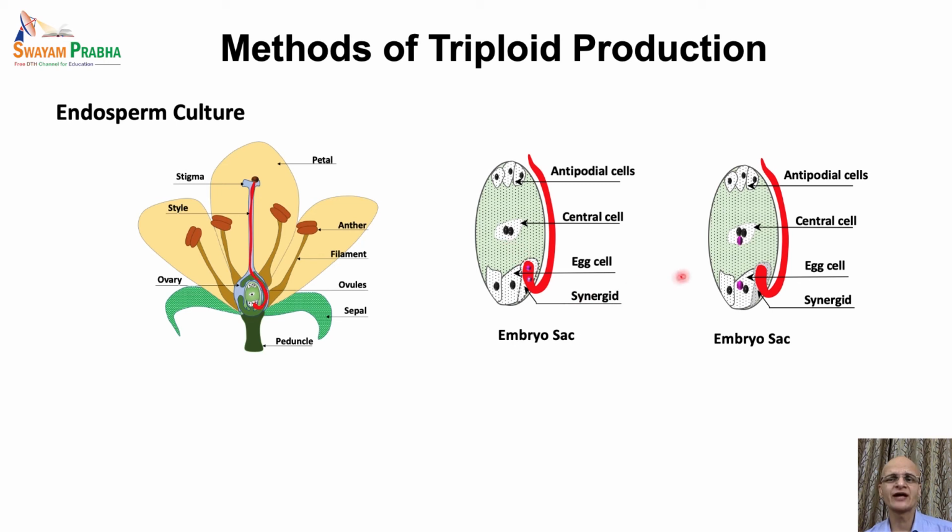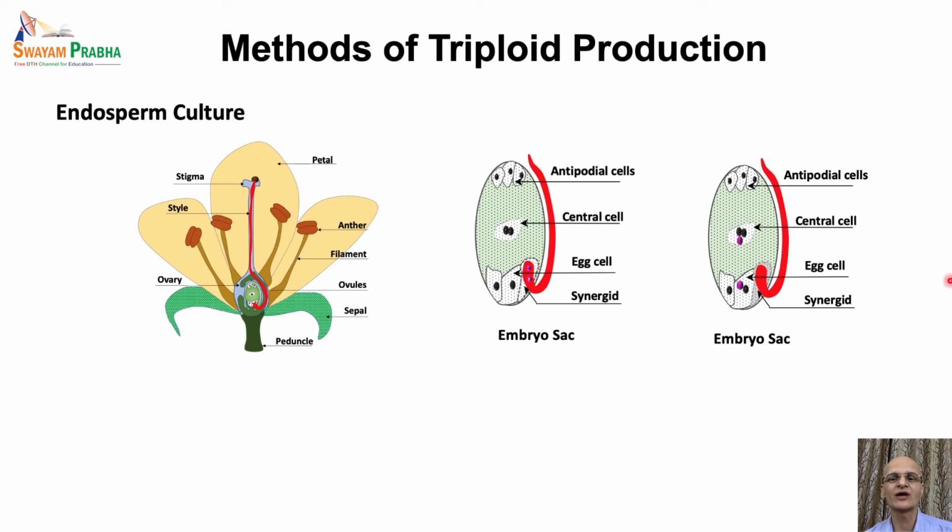One of the nuclei fuses with the egg cell and forms the zygote, which will later form the embryo and germinate into the complete plant. And the second male nucleus fuses with the secondary nucleus in the central cell, which is itself a fusion product of the two nuclei of the female gametophyte.